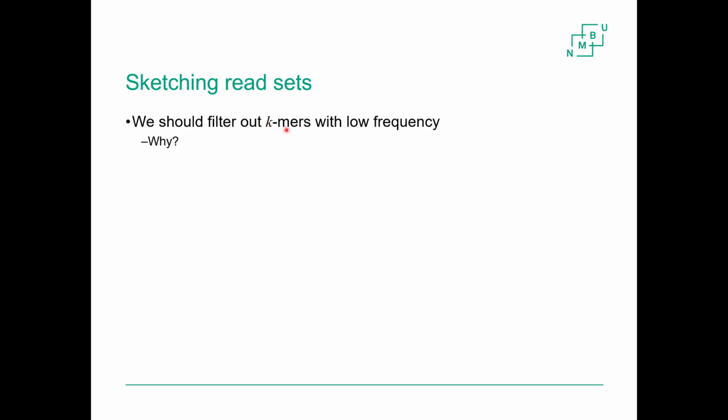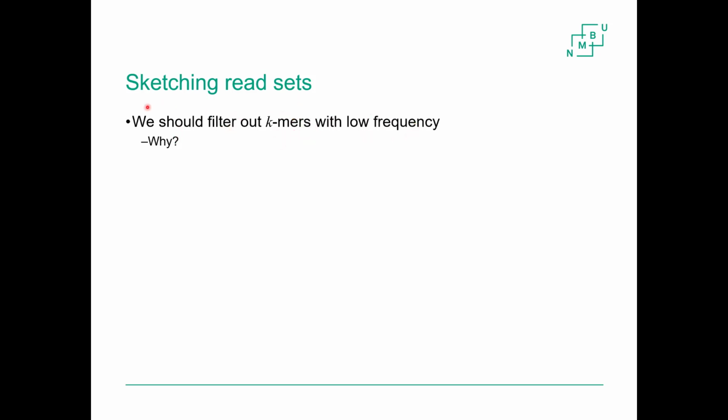If you have a k-mer coverage of, let's say, 50, then k-mers that occur only once or twice are probably error-prone k-mers. They have some sequencing error in them. And these k-mers we should, of course, not collect. We don't want to collect the k-mers with errors in them. So that's why we filter out k-mers with a low frequency.